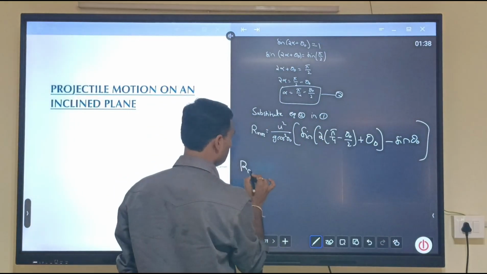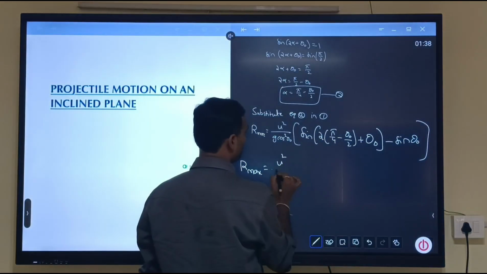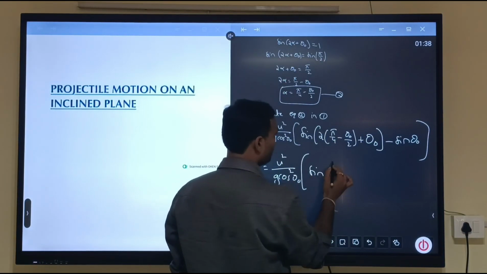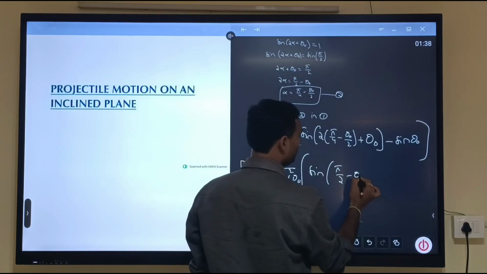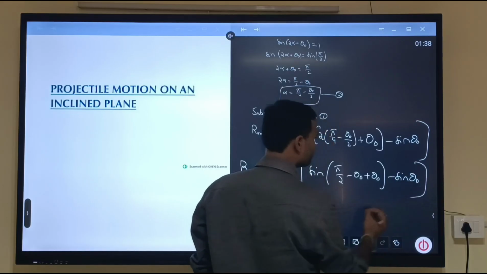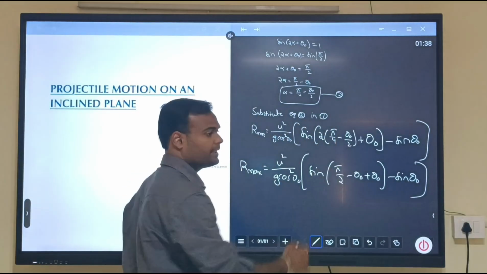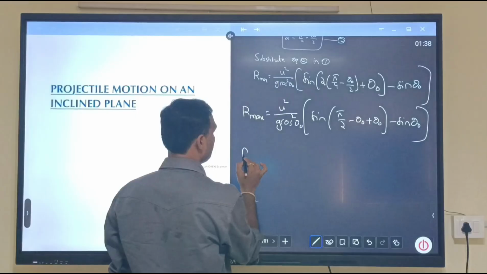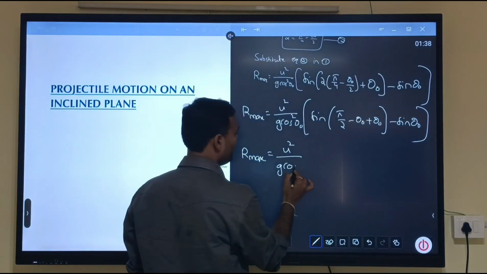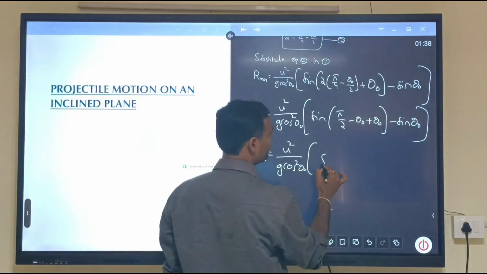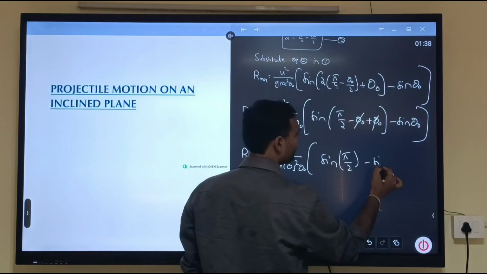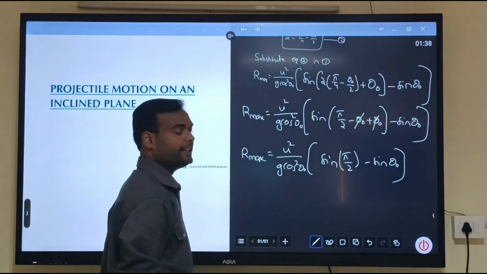Then R max becomes u square by g cos square theta naught, sin of (pi by 2 minus theta naught plus theta naught) minus sin theta naught. Here I am multiplying 2 with this one. Now R max is equal to u square by g cos square theta naught, sin pi by 2 minus sin theta naught, the theta naught terms getting cancelled.